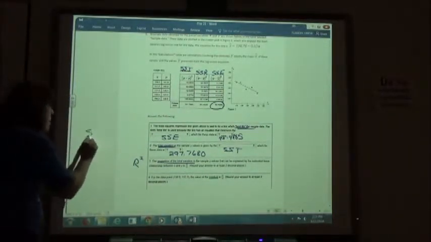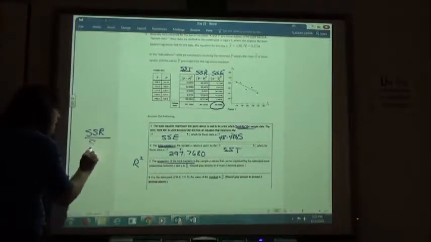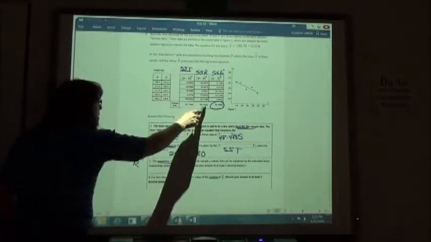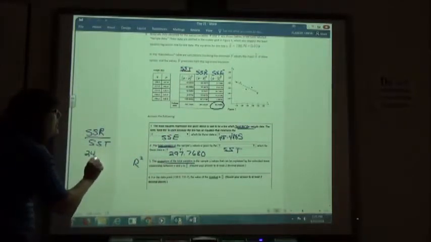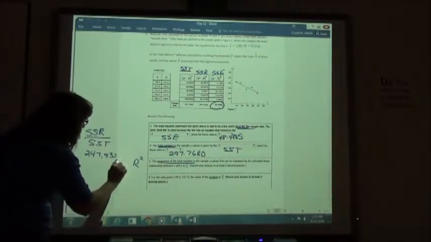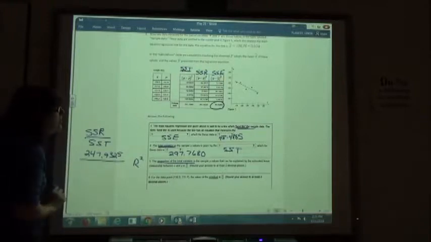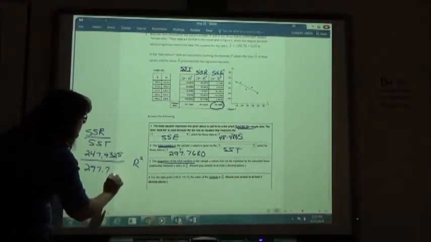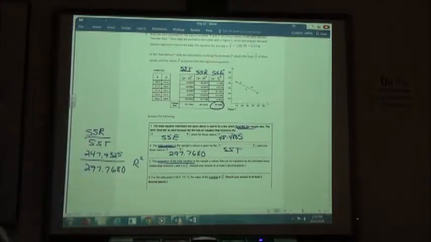We said we're going to take our SSR value divided by our SST value. The sum of squares regression divided by the sum of squares total. So in this case, we're going to take the 247.9325. We're going to divide it by the sum of square total, which is 297.7680. So we're just going to divide those 2 numbers. Go ahead, grab your calculator, punch that in.